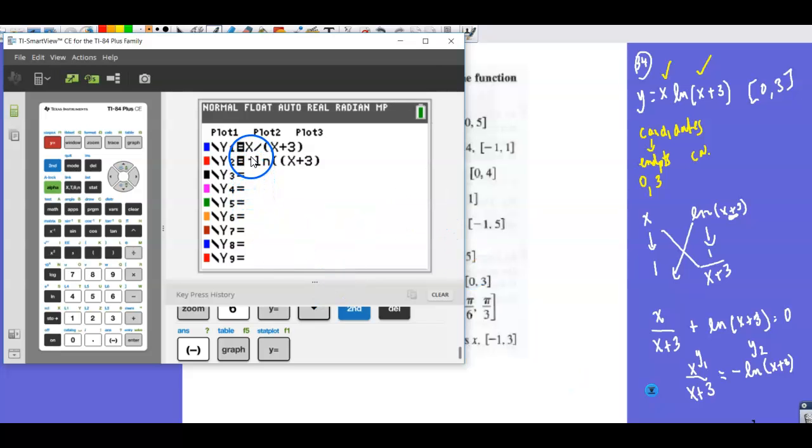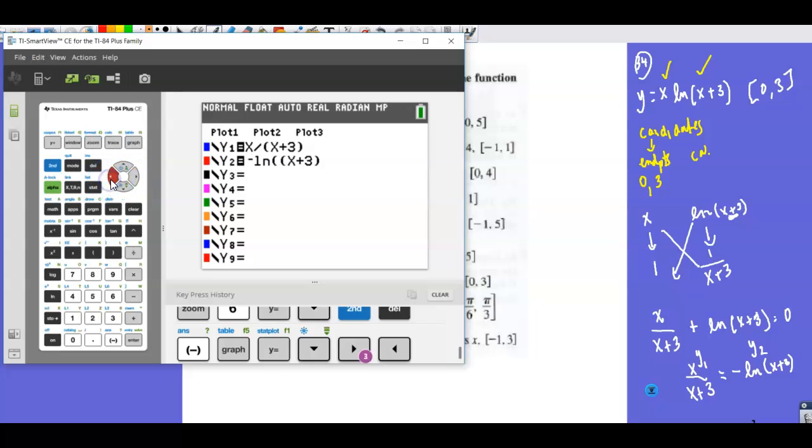So notice where I have typed these into the calculator, in y1 I have x over x plus 3, and make sure you put that denominator in parentheses. And on the right-hand side in y number 2 I have the opposite of ln. I have an extra parenthesis in there, but I don't think it's going to hurt anything. Let me get rid of that.